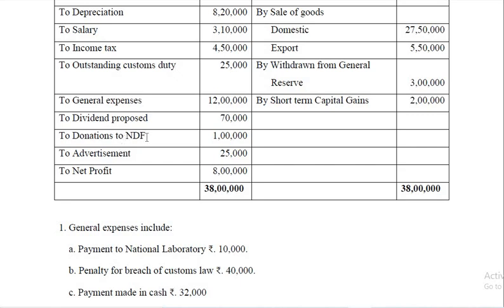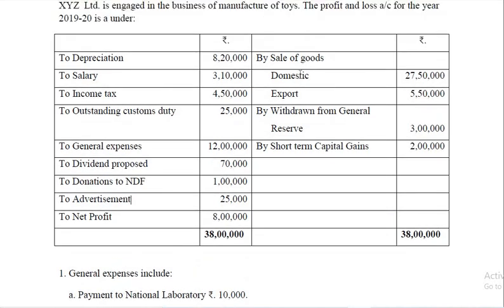Donation to NDF is not allowed while computing book profit, whereas deduction is available under 80G. No limit on donations and 100% deduction. National Defense Fund. Advertisement is very much allowed. Look at the credit side. These are allowed, part of sales as well as book profit, part of business income as well as book profit.